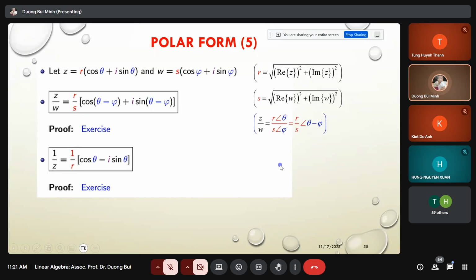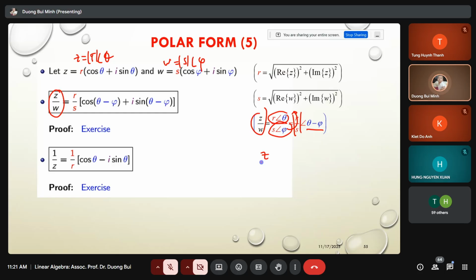Now we have division, z over w. We know z is r with angle theta, and w is s with angle phi. So z divided by w is r with theta over s with phi, that means you get r over s, and moving the phi angle to the numerator you get theta minus phi.